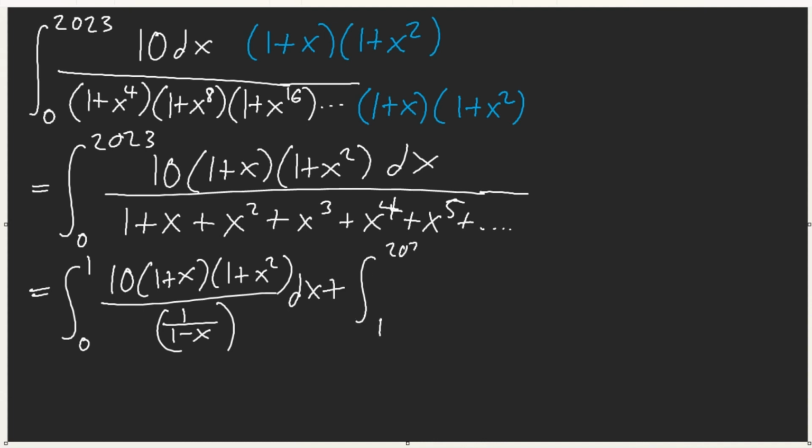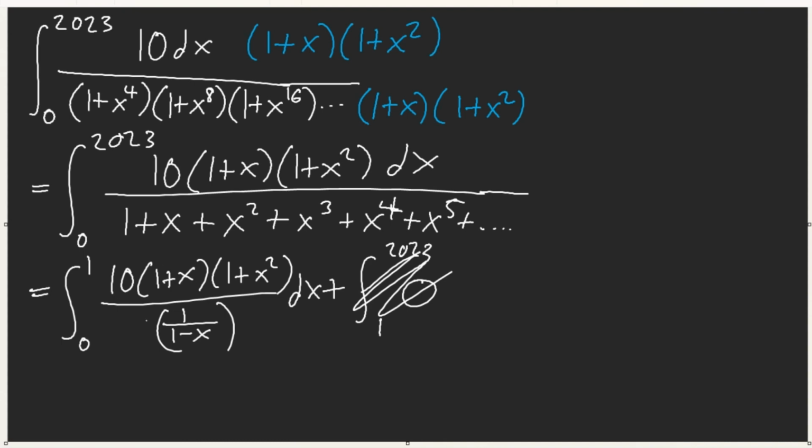What about 1 to 2023? Because this is infinite, and all these x's are more than 1, it's going to get larger and larger and larger. So this whole bottom is infinite, and 1 over infinity is equal to 0.